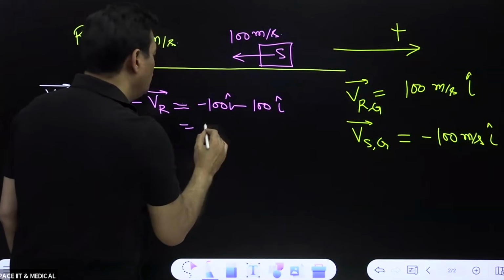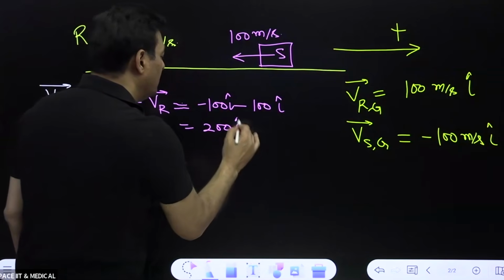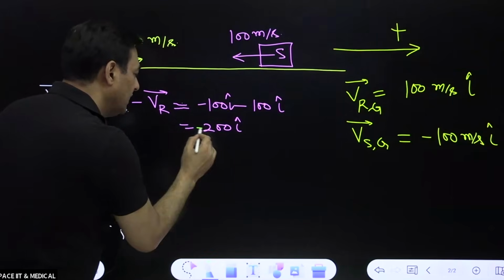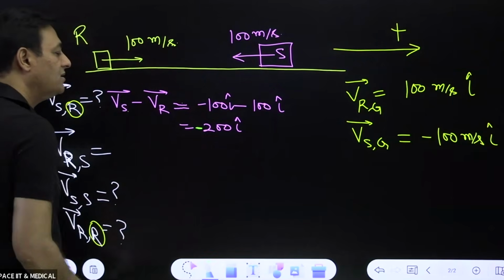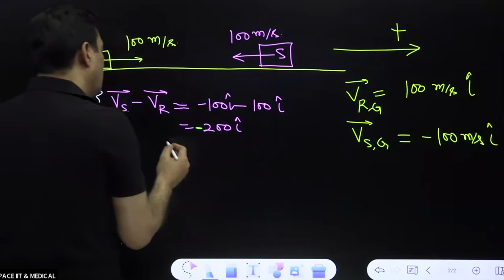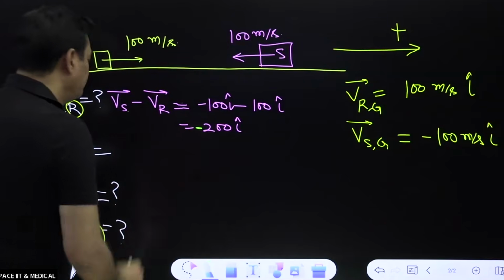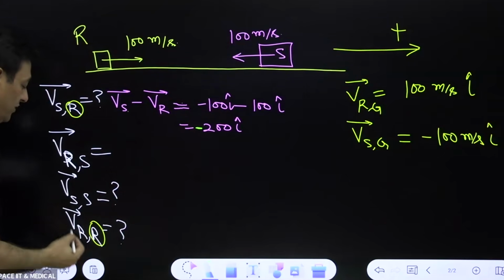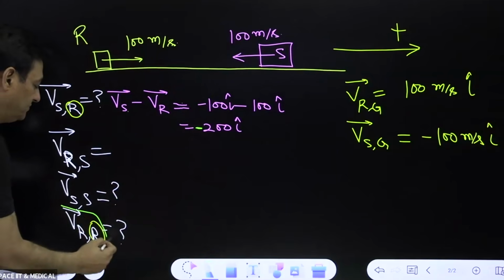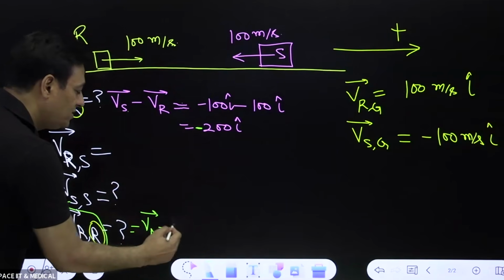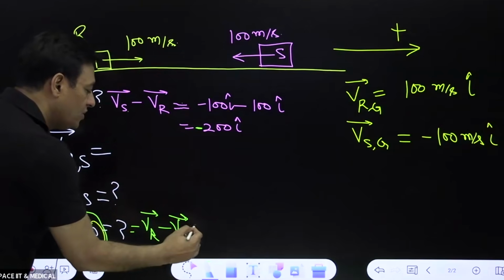This will become minus 200 I cap. Now, this is velocity of Sham as observed by Ram. What is velocity of Ram as observed by Ram? This will be VR minus VR, which will be 0.